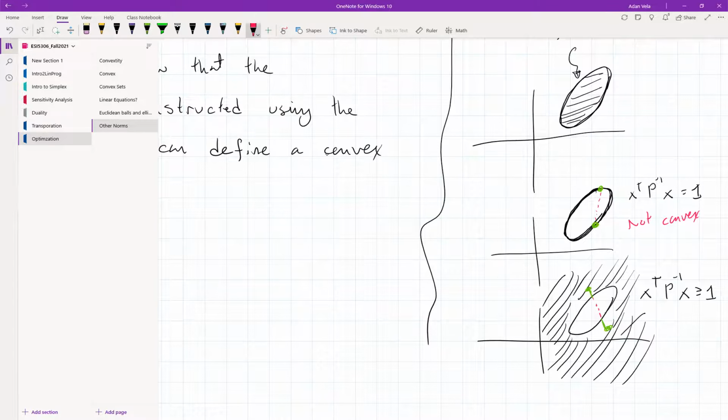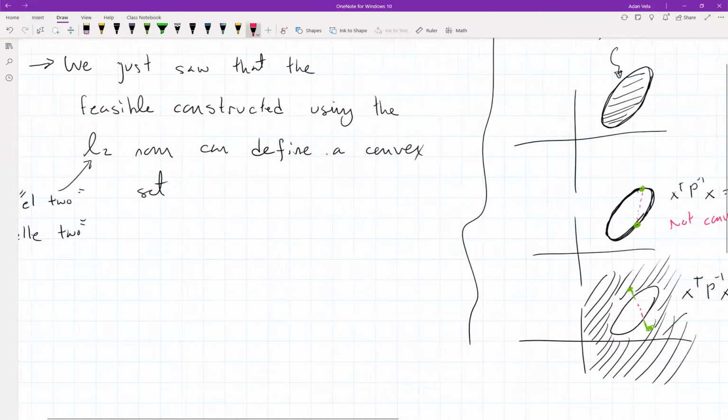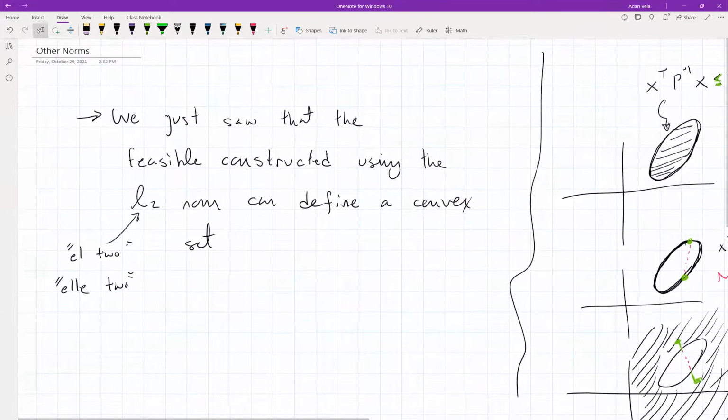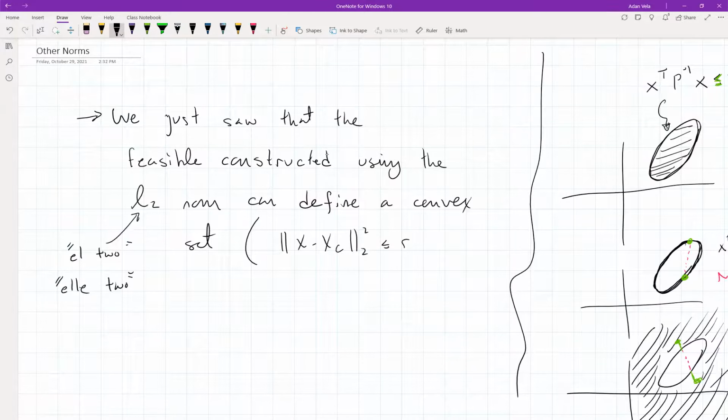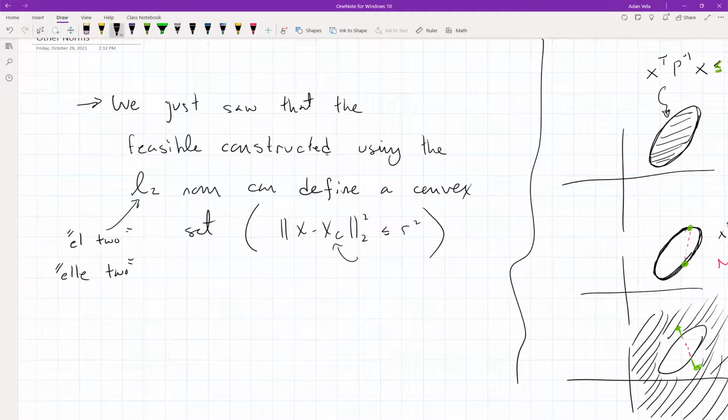Now, the neat part is, if we have x minus xc norm squared less than or equal to r squared, well, that's convex. So this L2 norm is convex. And then we can even do funny things with it.